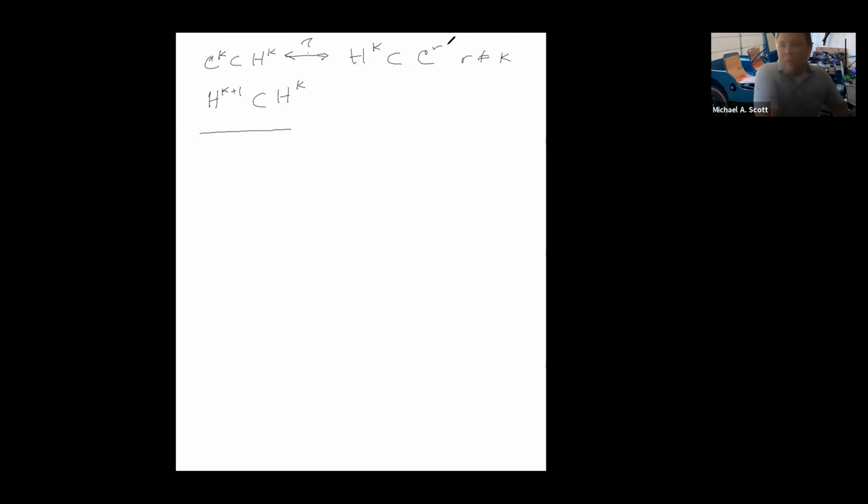So here's a question. What does your intuition tell you here? If C^k is really, really close to H^k in some sense, then what do we think about C^(k-1)?